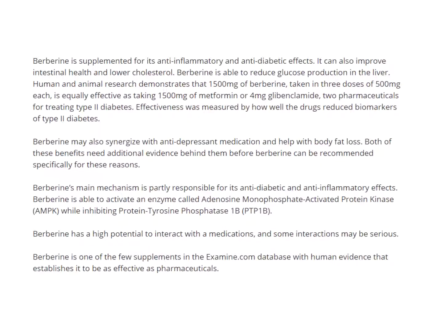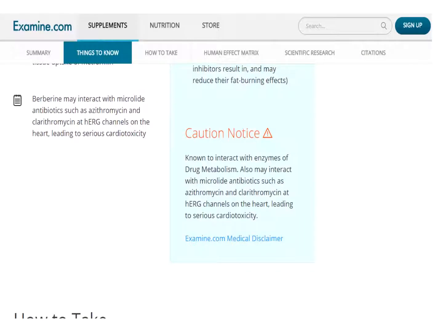And you get some great information on here. Particularly, this is pretty interesting that, of course, it interacts with a lot of diabetic medication. And there's even some serious cardiac things that we'll get to in a bit that berberine could cause. So there's certain things you've got to watch out for, particularly the macrolide antibiotics.